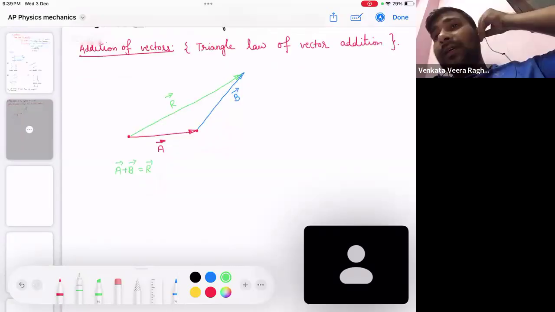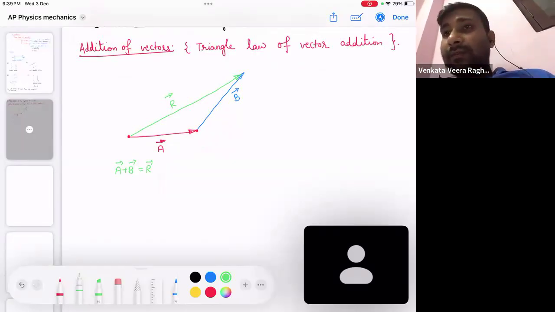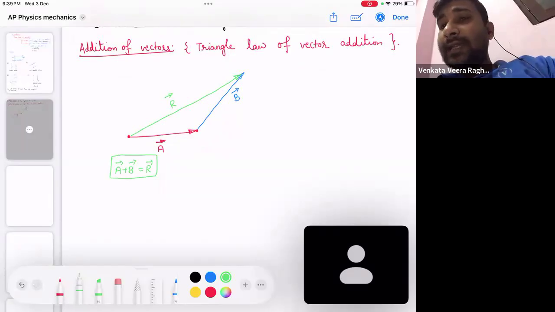So this is called the triangle law of vector addition, where what we do, I'm going to repeat it one more time. Here, the first vector is the vector A. So draw the vector A. Where the vector A ended, start the vector B from there.